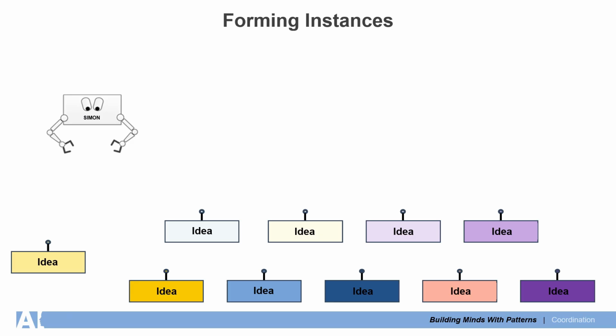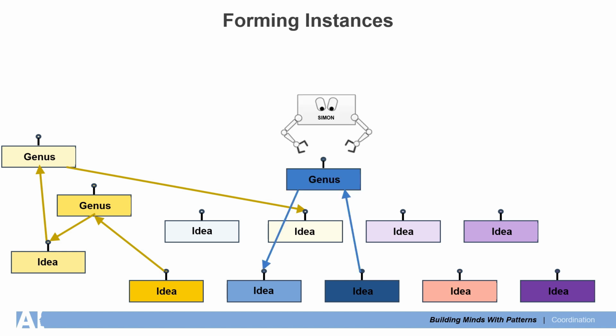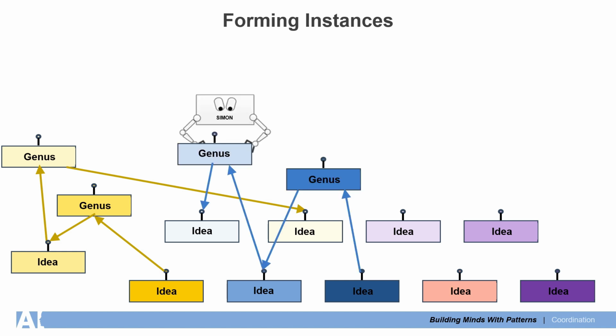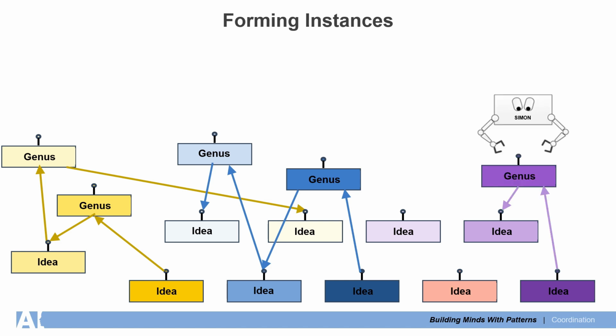Forming instances. The Simon mechanism makes simple relationships. Two ideas can be connected by a genus relationship, which creates a hierarchy between two ideas, one idea inheriting from another idea. In this way, small hierarchies can be created.